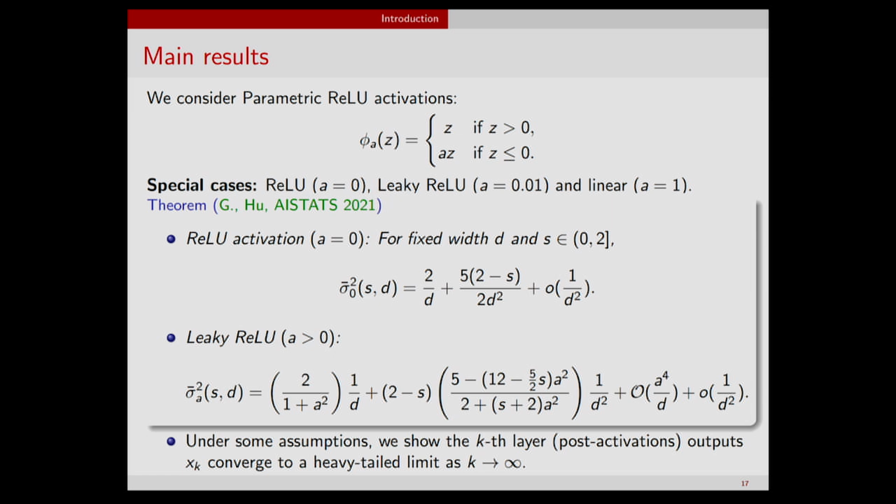And in particular, instead of, let's say, the 2 over d initialization, that is the typical initialization that's out there in the literature, let's say for ReLU activation, we have a correction here. If you want, let's say, s equal to 1, to keep the first moment, you need to add some sort of correction to it so that you are more aggressive with the initialization.